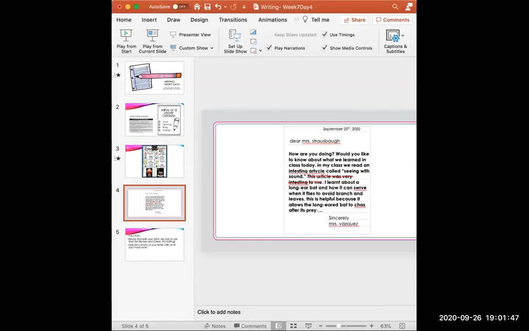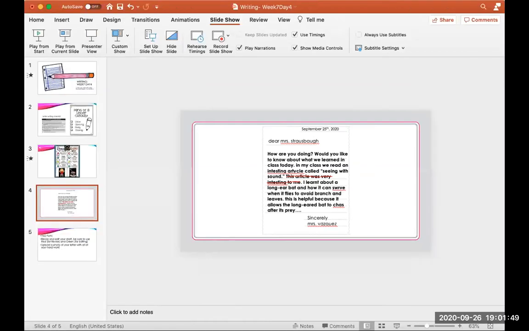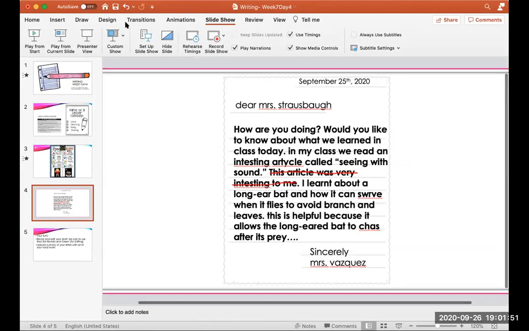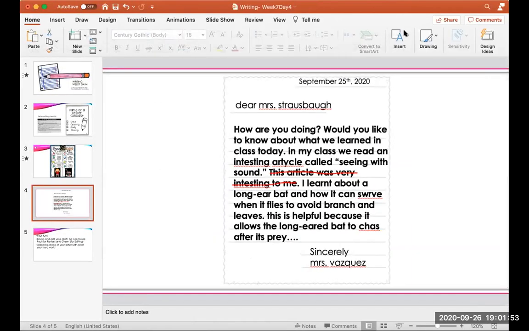In order to add some words there, I'm going to create a text box, but you can just add it to yours yourself. Okay, this article was very interesting to me. I think we need to say something more than just something boring like that.